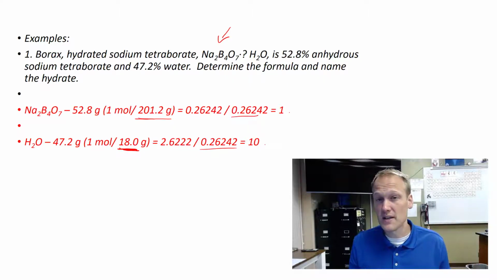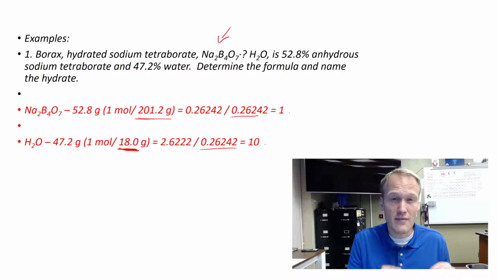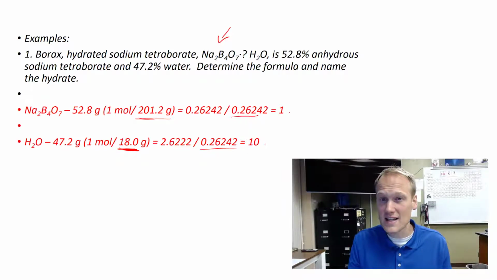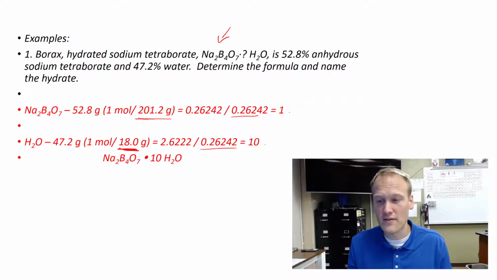So what do those numbers mean? What that means is that for every 1 anhydrous salt formula unit, we have 10 water molecules. So the coefficient in front of water should be 10, and therefore the formula is Na2B4O7 times 10 H2O. It's telling you how many water molecules you have per salt unit.